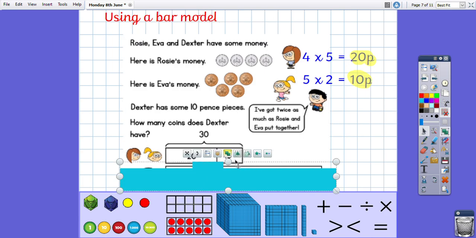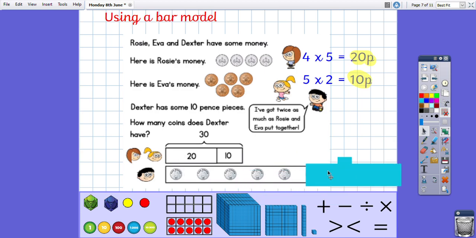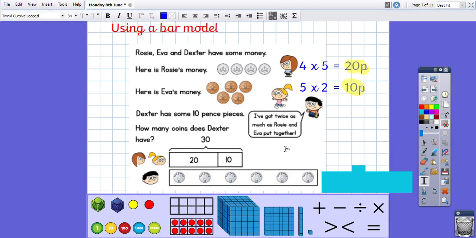If I reveal it this way, so there is the same amount, but he's got twice as much. So therefore he has got 60p, because double 30 is 60. If you got that right, a massive well done, and especially if you used a bar model, well done.